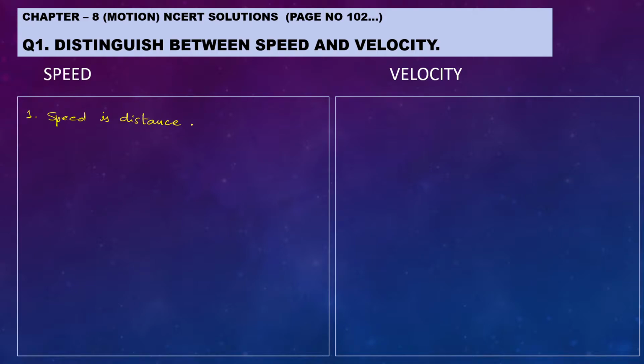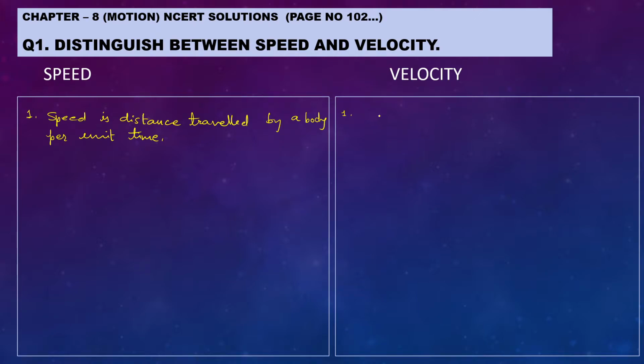Speed is the distance traveled by a body per unit time. We know speed is equal to distance upon time. So by that formula only we have distance traveled by a body per unit time.